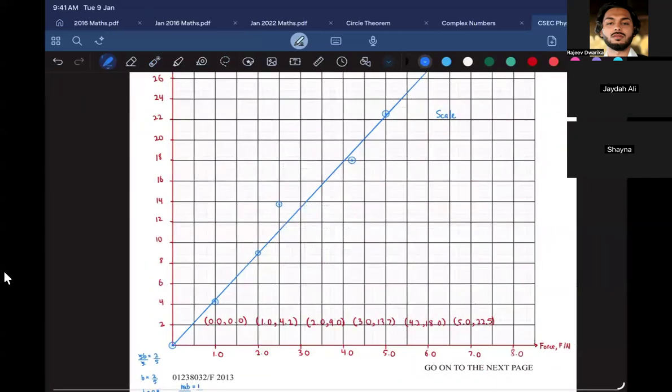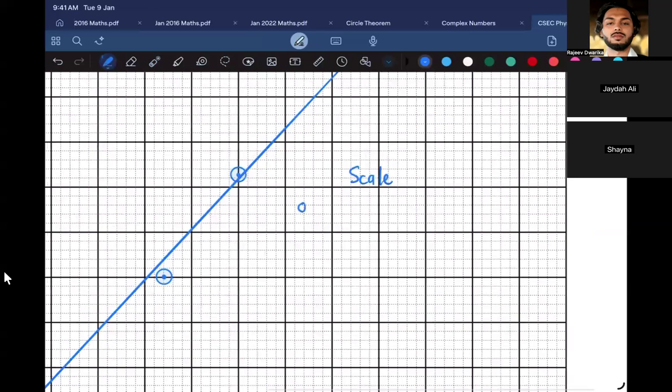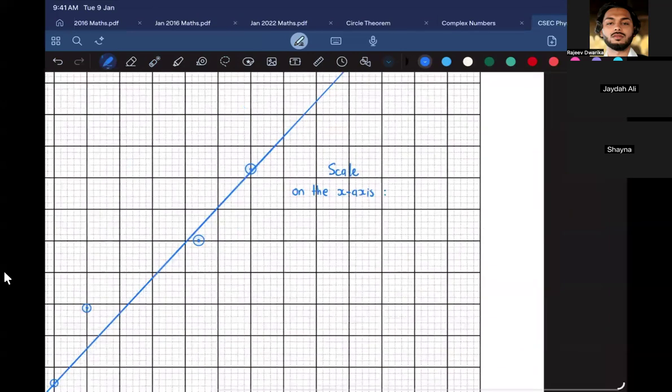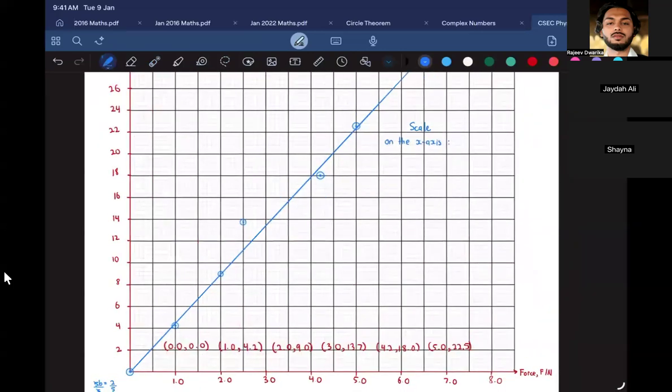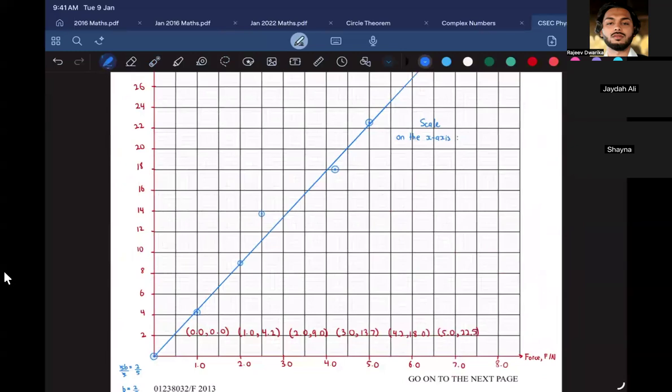So on the x-axis, what did we say? We said that 2 blocks is equal to, what did we say? Every 2 blocks is equal to 1.